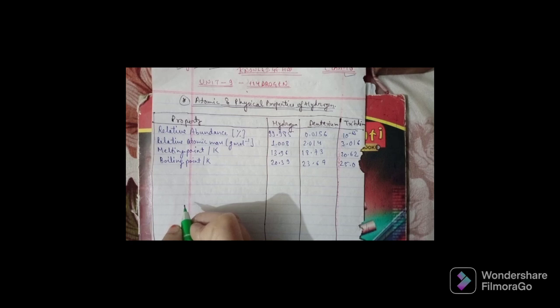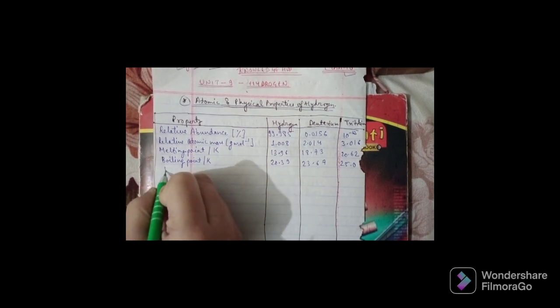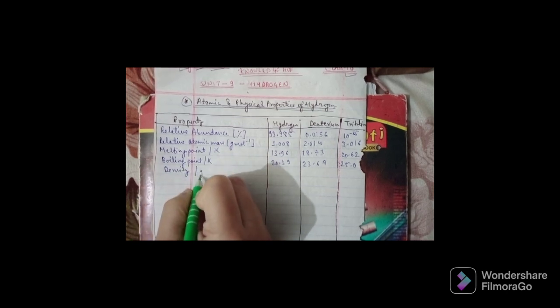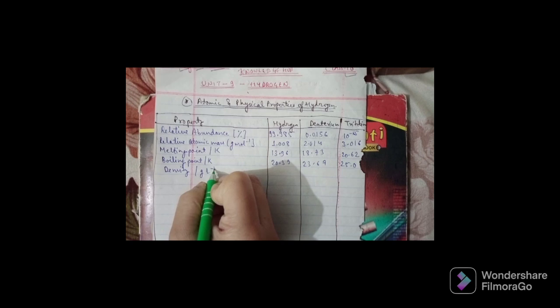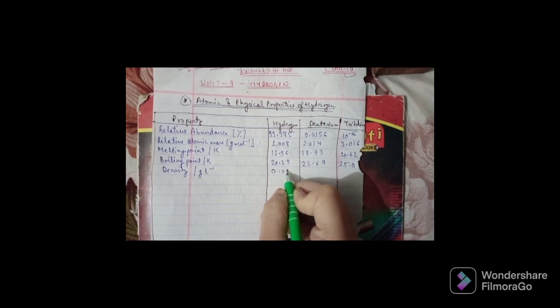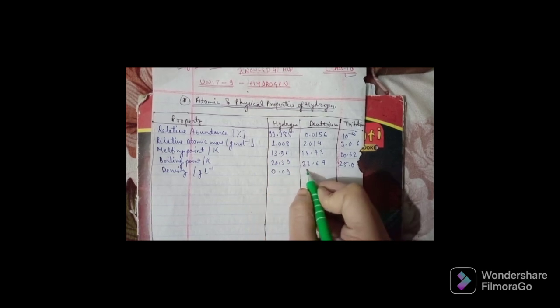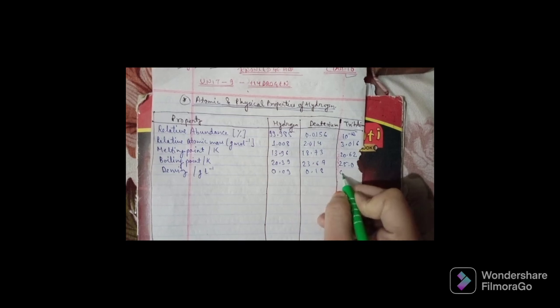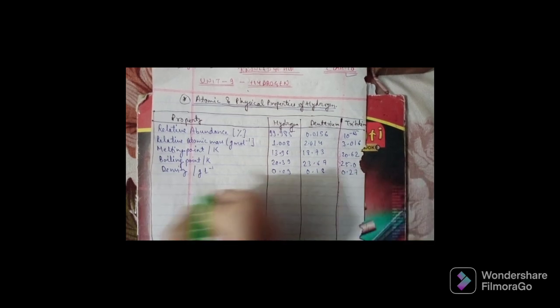Another is density, in gram per liter, which is 0.09, 0.18, and 0.27.